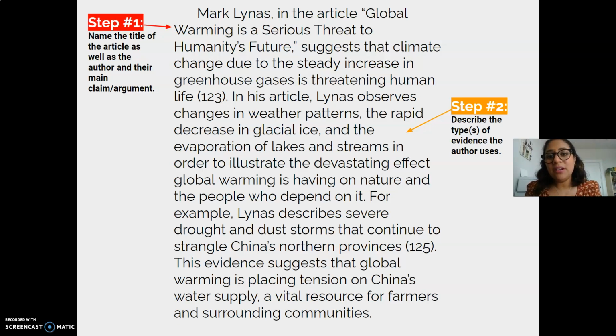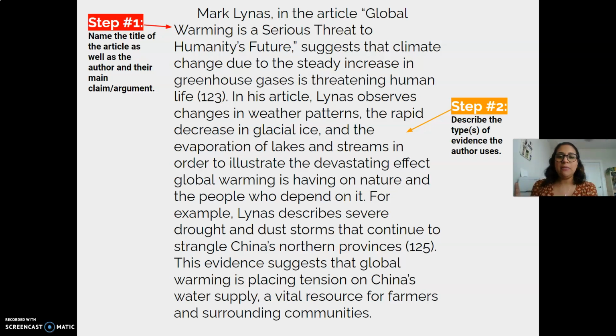In this particular example, the writer discusses how the author of the article, Mark Linus, uses observations in changes in weather patterns, a rapid decrease in glacial ice, and the evaporation of lakes and streams.